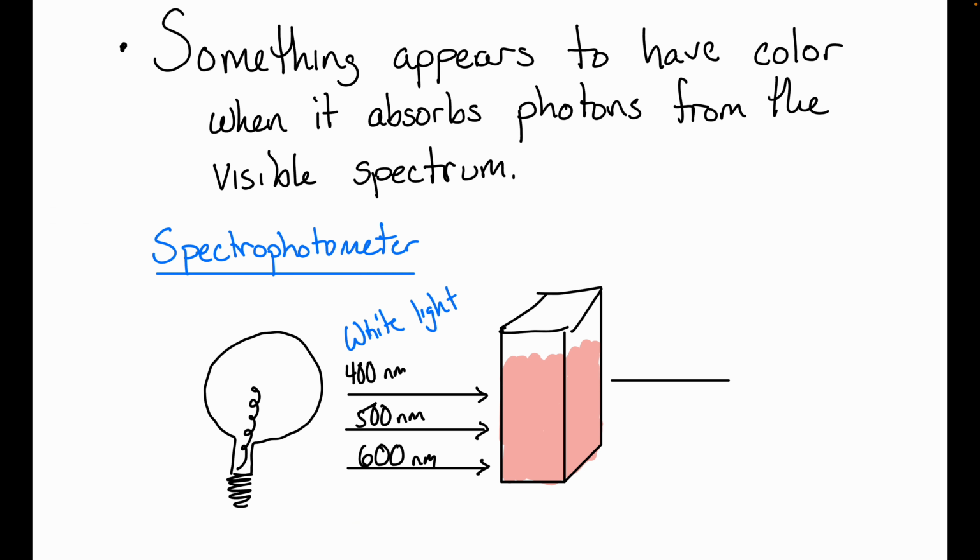And what happens is that the sample absorbs, pulls out specific photons. In this case, my 500 nanometer wavelength was absorbed.